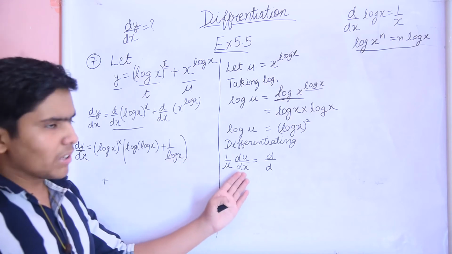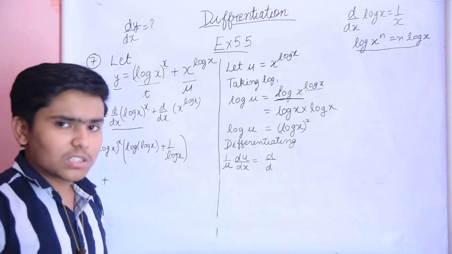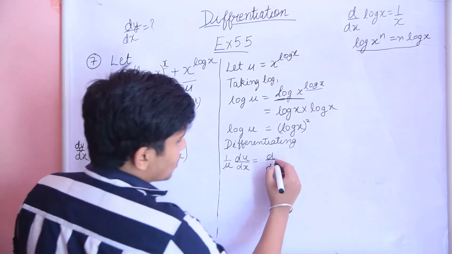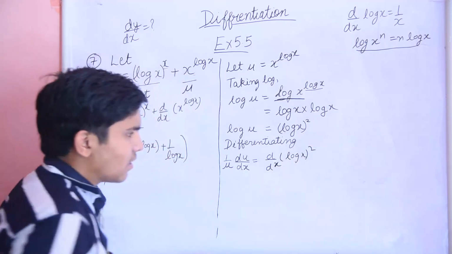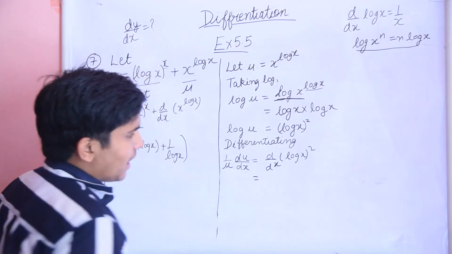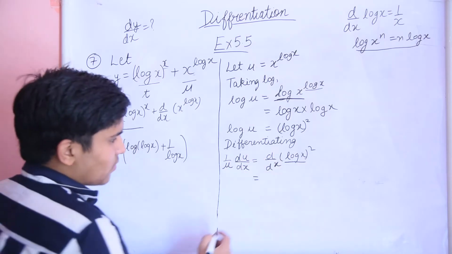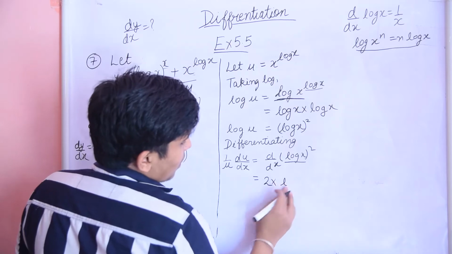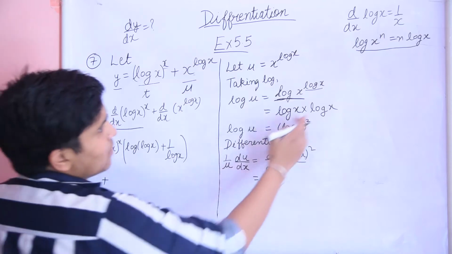So 1 upon u du by dx equals d by dx of (log x) whole square. As you already know what the differentiation of this function will be, it will be like n times x raised to n minus 1.